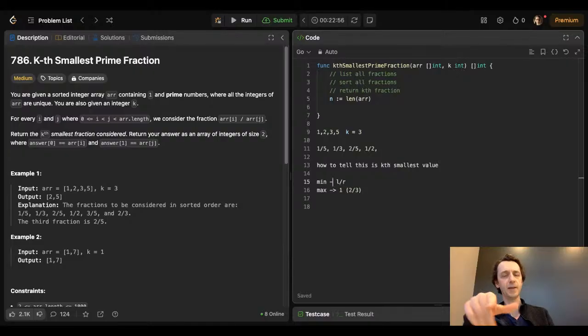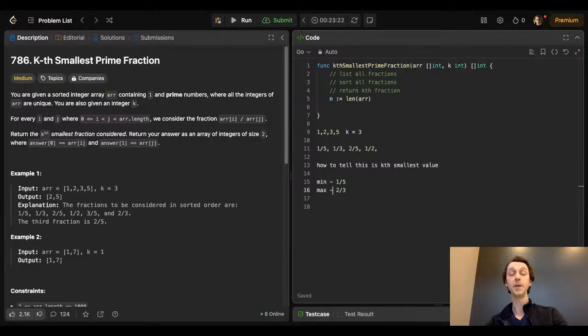Yeah, simplify, I guess that's the word. It's as simple as possible. That's all we know. Well, in this case, the minimum is 1/5, and the maximum is 2/3.